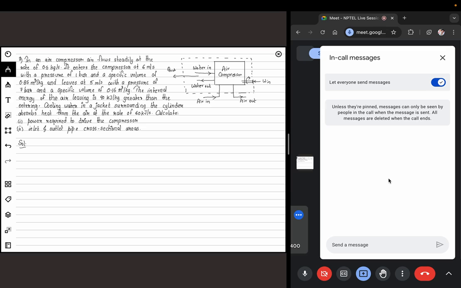So what is given? We know m dot, and we know it enters the compressor, so the compressor inlet is known. We know the initial pressure and the initial specific volume.